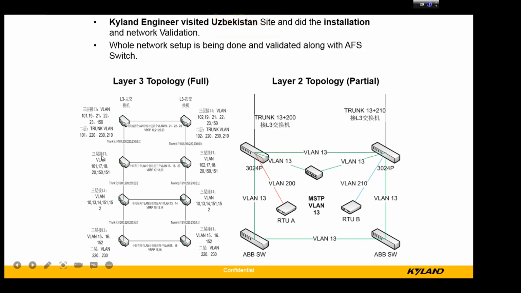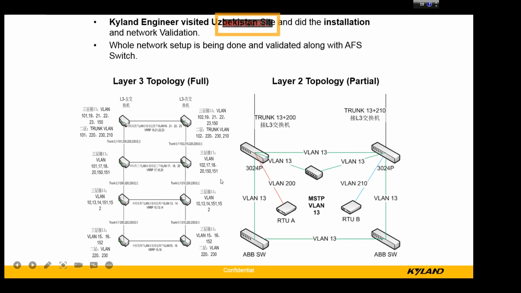All 3 regions are installed with a redundancy group of layer 3 switches. So there are 4 VRP groups here. And each VRP group is also connected with an additional layer 2 network.